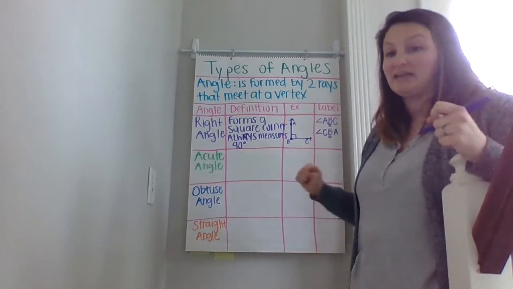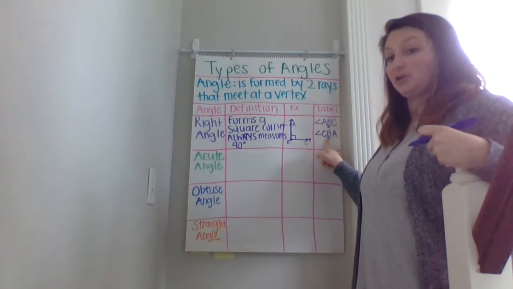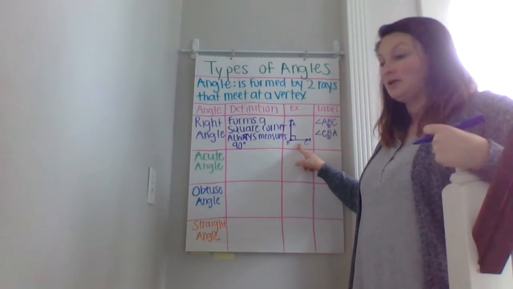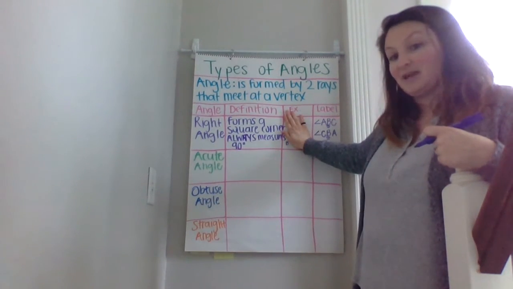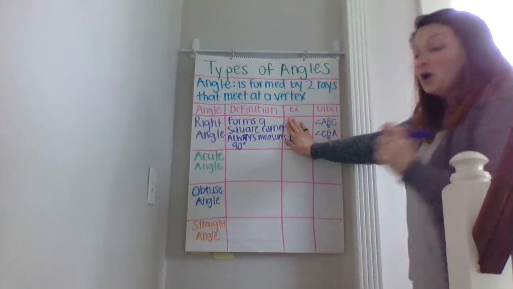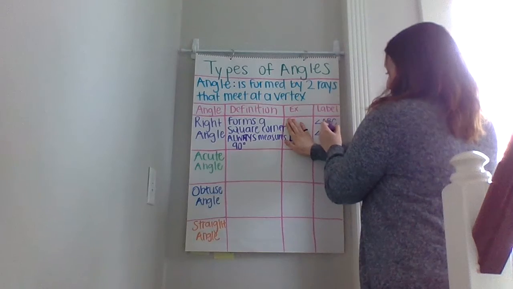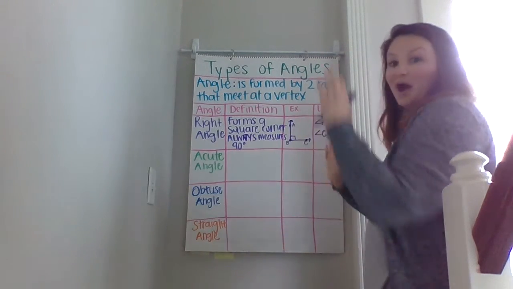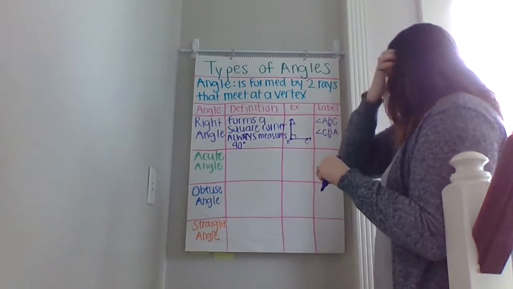Because you might actually be given a label and you have to draw that angle. So if all you had was angle ABC, you would know that the vertex is B with A and C on opposite rays, all right?